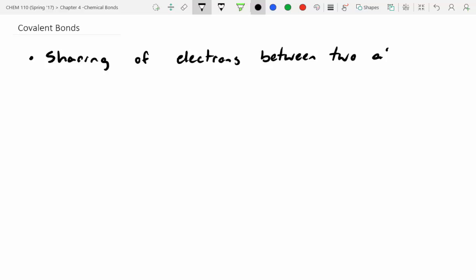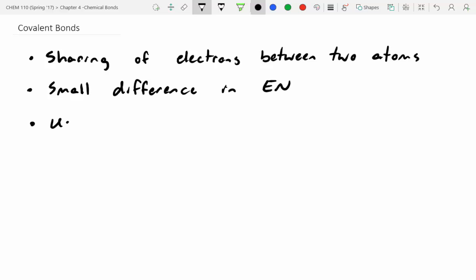And then I'll show you the easiest way of remembering what a covalent bond is too. But let's finish these notes. Between two atoms, so small difference in electronegativity, and it usually occurs between nonmetals.